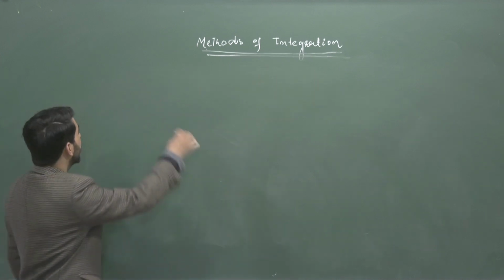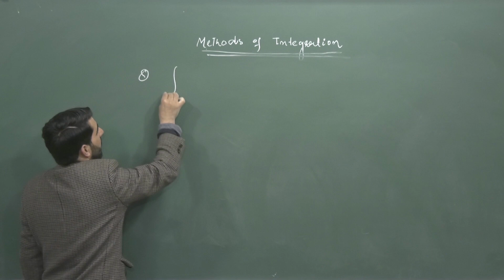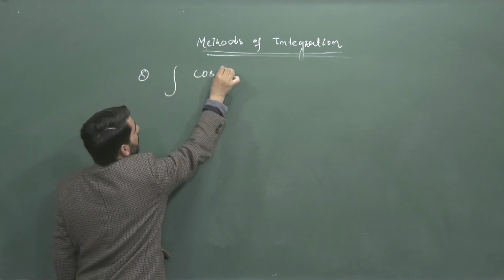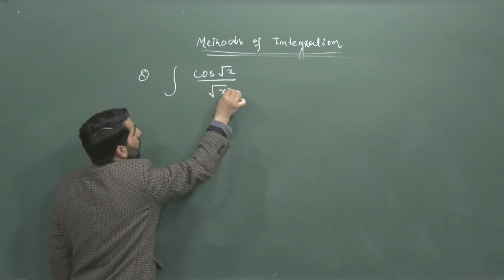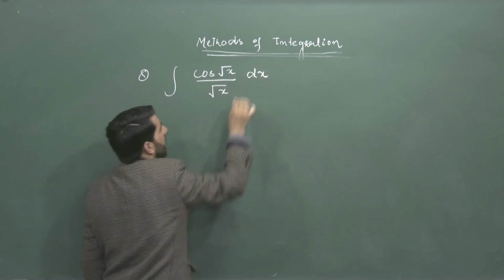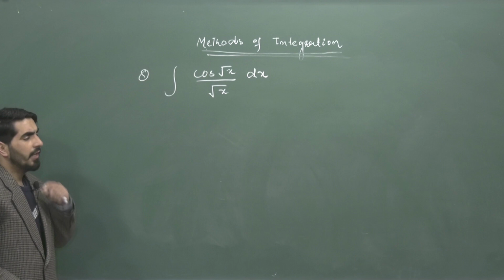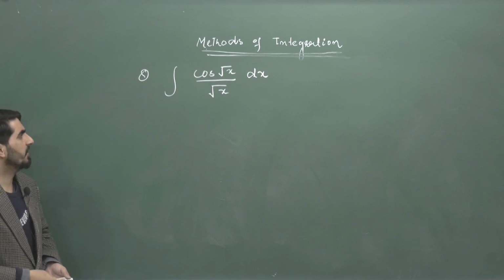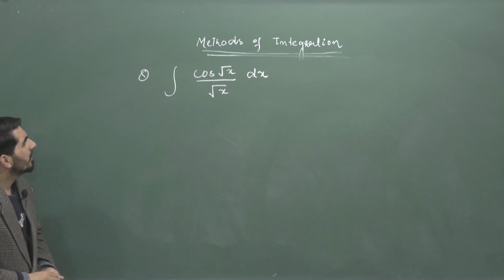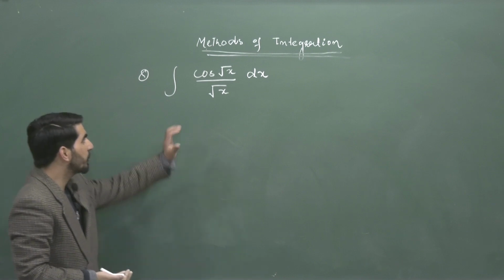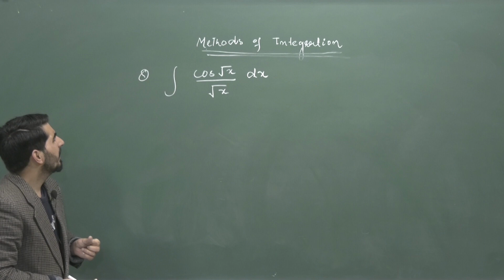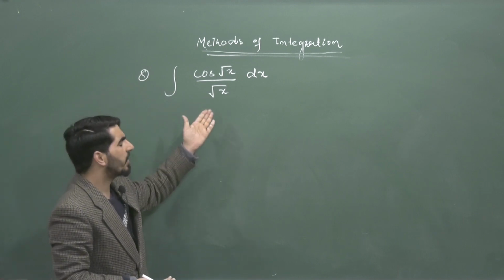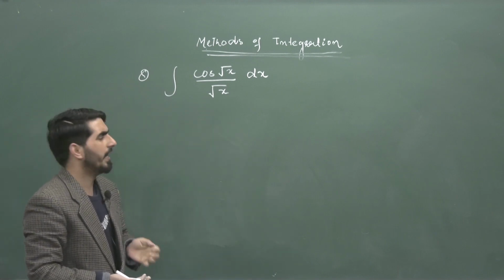The next question is integration of cos of square root of x divided by root x dx. Now, we have to integrate this function. So, first of all, we have to choose what will we substitute. So, it is simple, if we substitute root x is equal to t.